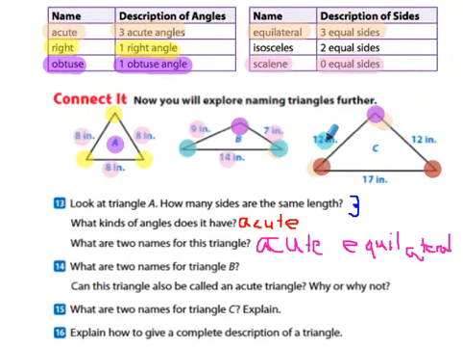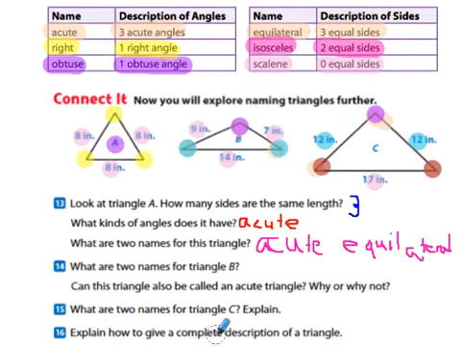I've got a 12-inch side, a 12-inch side, and then a 17-inch side. Oh, 2 of the sides are the same and 1 is different. What do we know about triangles that have 2 equal sides? 2 equal sides is an isosceles triangle. So we could call this guy a right isosceles, all right?